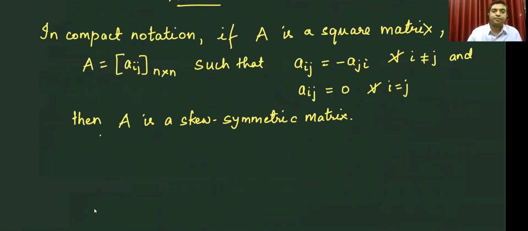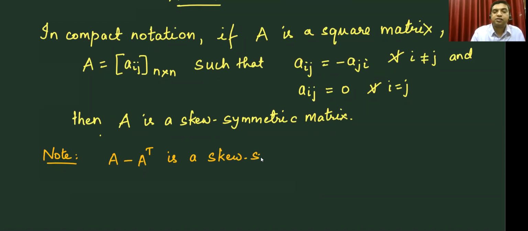So note here property that A minus A transpose is a skew symmetric matrix. Proof is very simple.